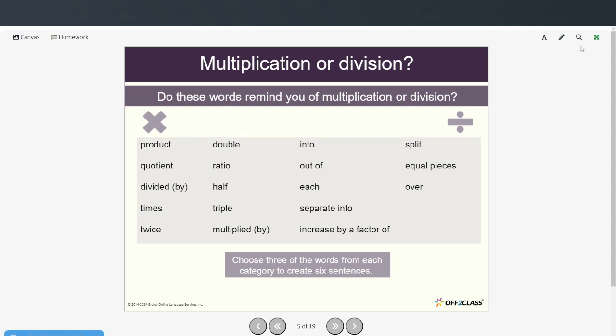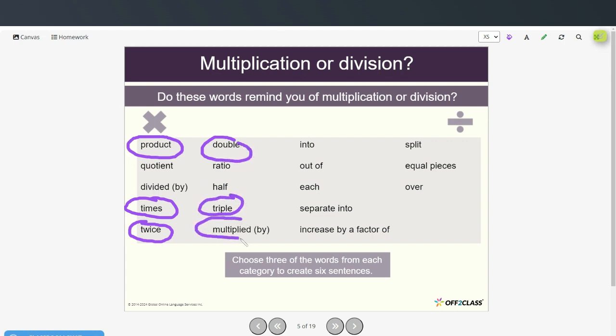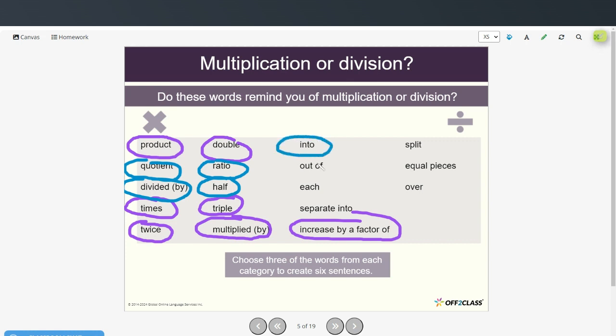All right, so for multiplication, I have the same thing. The words associated with multiplication would be product, times, twice, double, triple, multiplied by, increase by a factor of, and then division could be quotient, divided by, ratio, half, into, out of, each, separate into, split, equal pieces, and over.